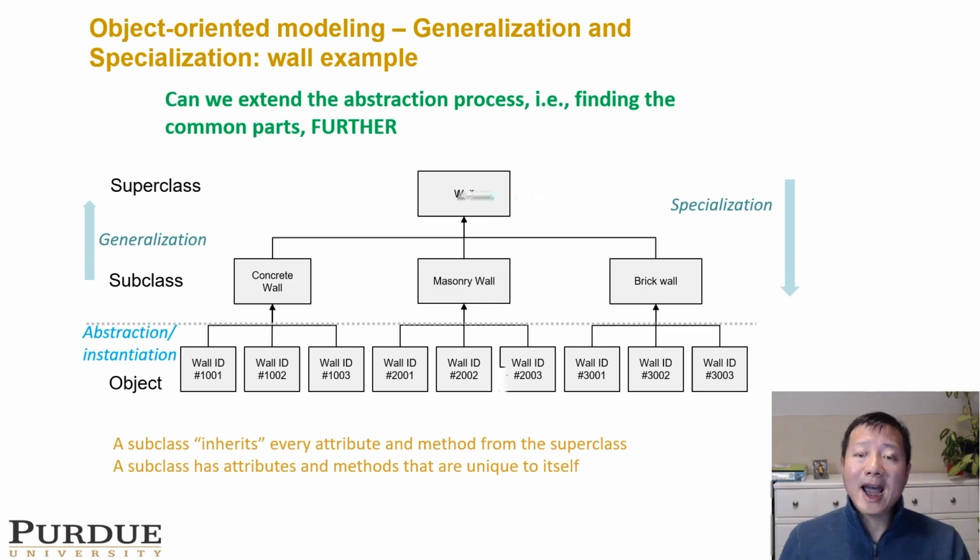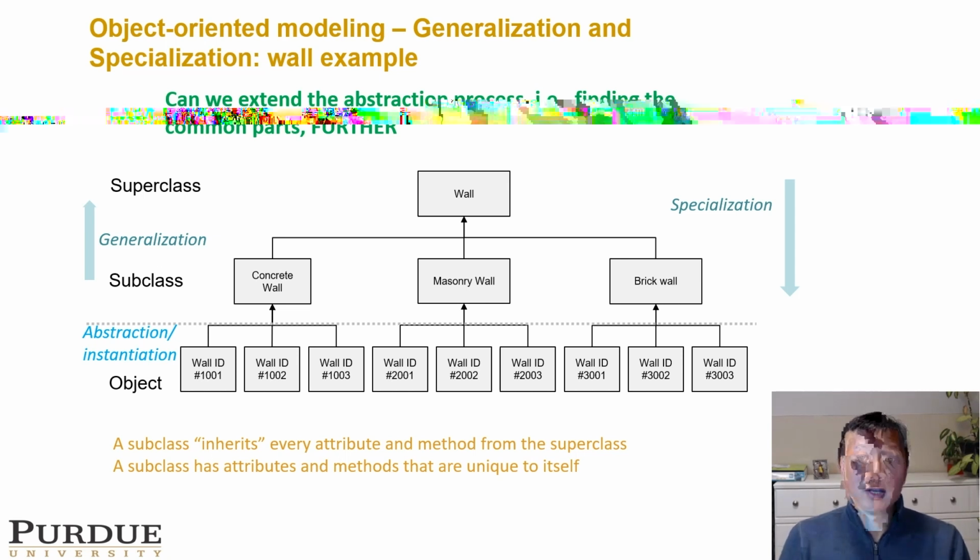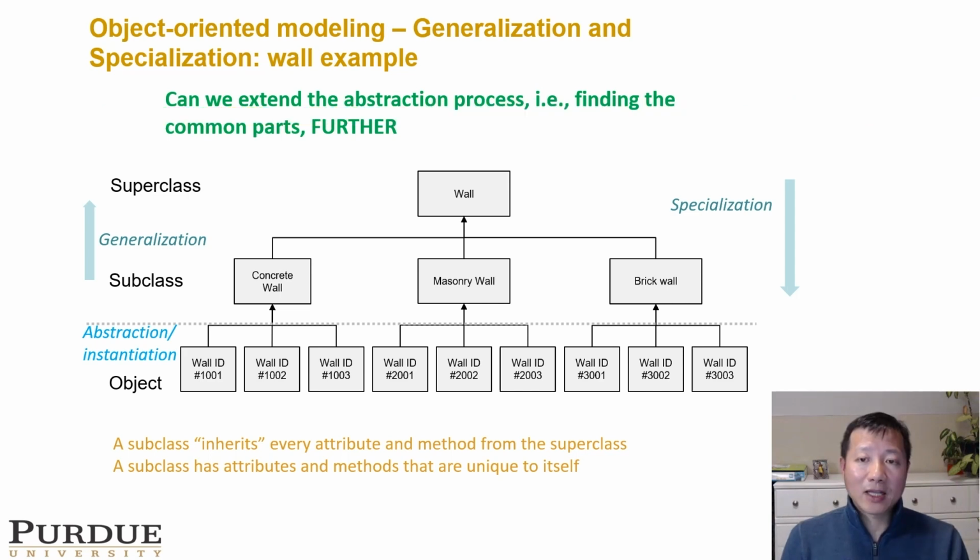In other words, any methods, any attributes a wall class has, they are all inherited by the concrete wall, by the masonry wall, by the brick wall. So for that set of attributes and behavior or functions, you only need to define them at the wall class, the superclass.